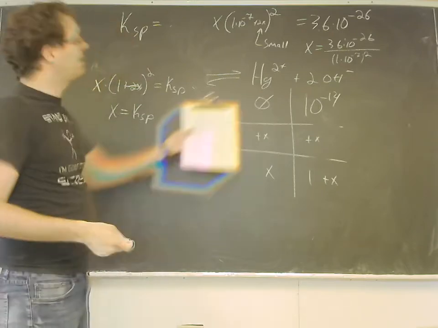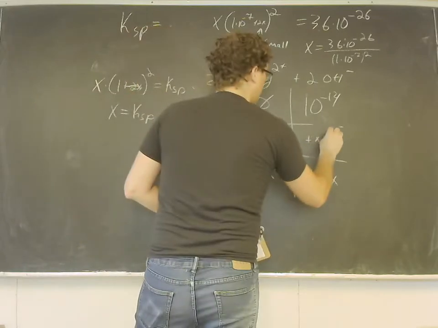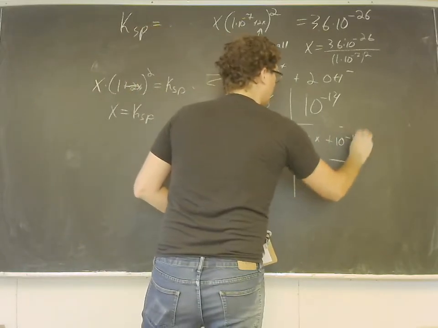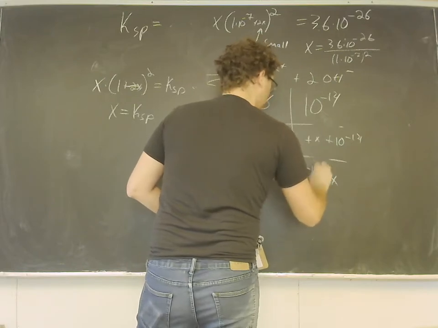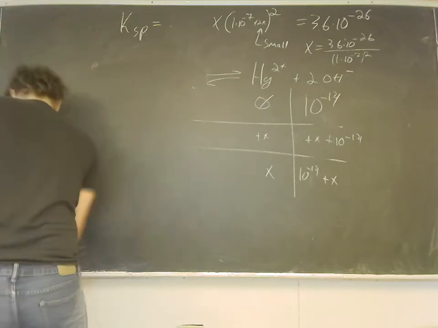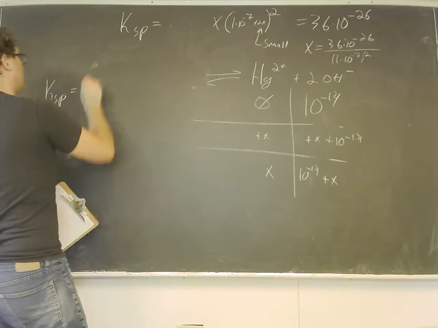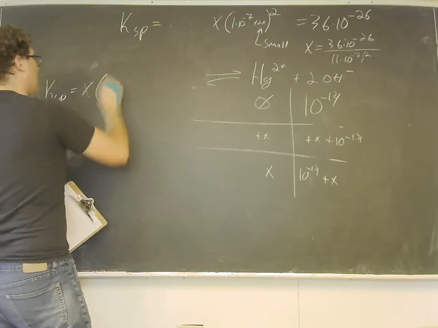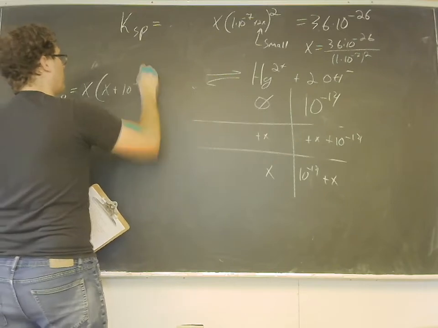Well, in this case, we could say that we have 10 to the negative 14th plus 2x, and we'll get our KSP is equal to x times 2x plus 10 to the negative 14th squared.